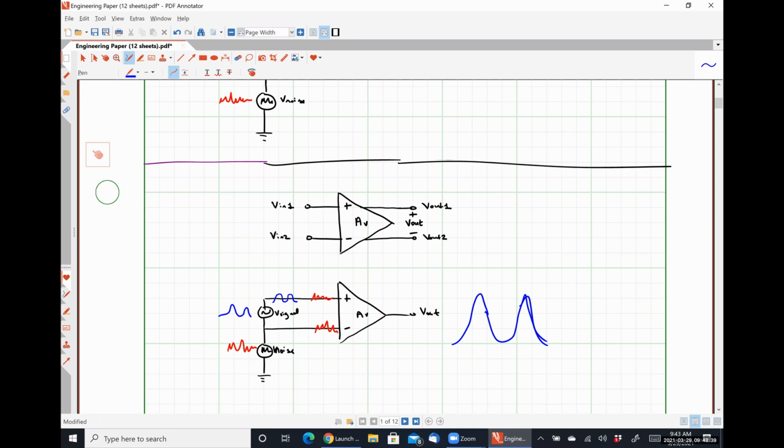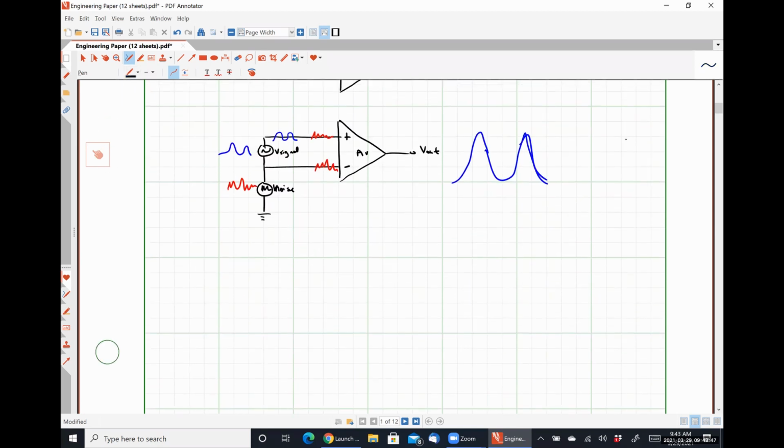So that brings us to what we're going to call differential and common mode signals. For any differential amplifier, we can break down the inputs and outputs into common mode and differential mode signals.